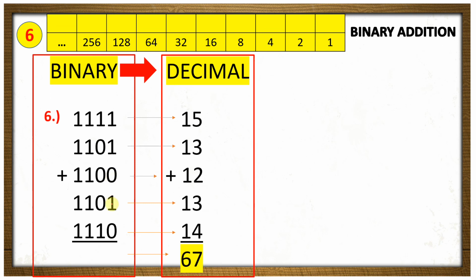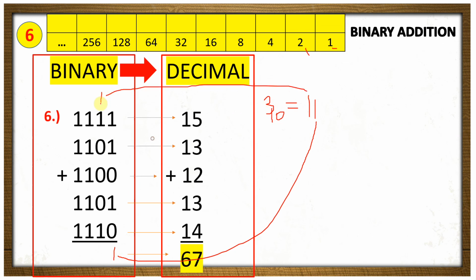So 3 plus 0, so meaning 3. 3 in decimal again is equal to 1, 1 in binary, on the 1 and on the 2. So meaning bring down the 1 here, carry over the 1 here.